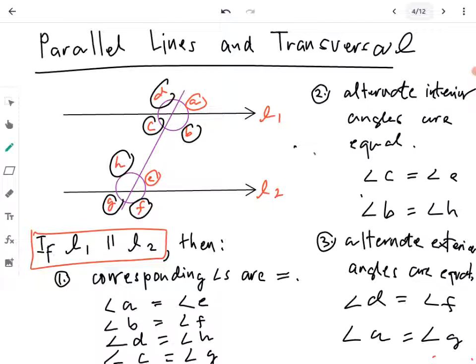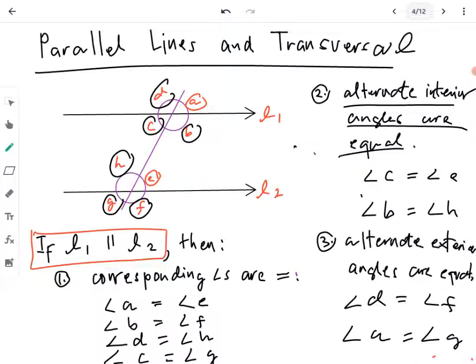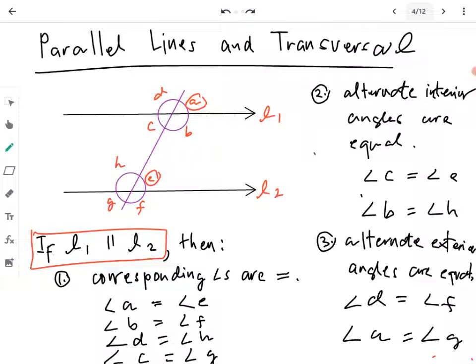Number 2, if line 1 and line 2 are parallel, then alternate interior angles are also equal. Alternate means one angle is on the right side of the transversal and the other is on the left side. Let us erase some of this first. Angle C and angle E are alternate.